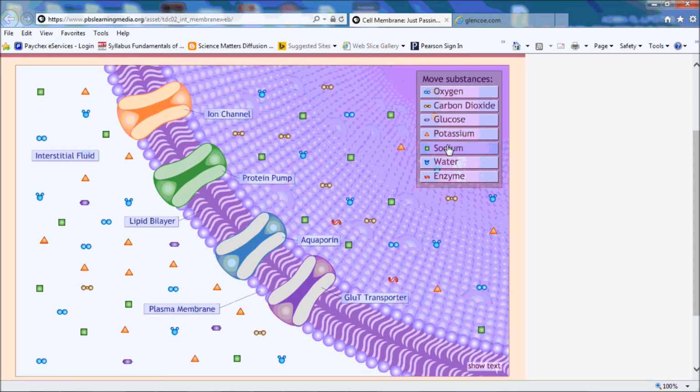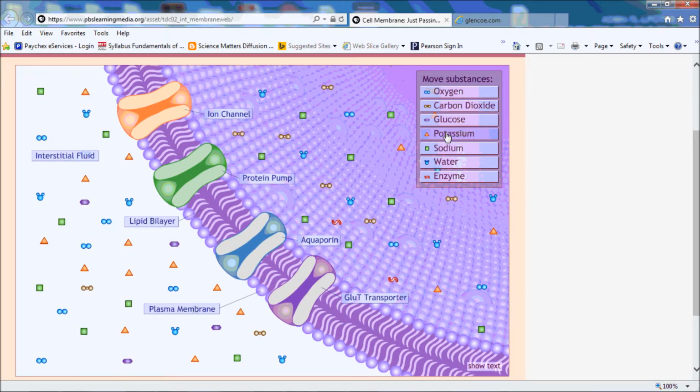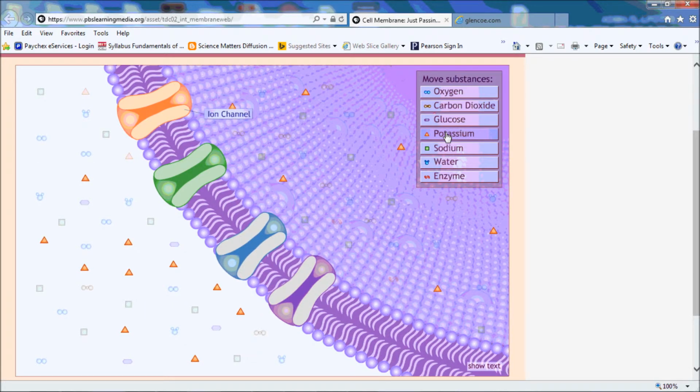So with passive transport, things can go across the cell's membrane without using energy because they go from high to low. With active transport, they have to use energy to get across the cell's membrane. So what I want you to notice is that if you look at these proteins, the first one I'm going to select is the glucose, and then compare that to the potassium.